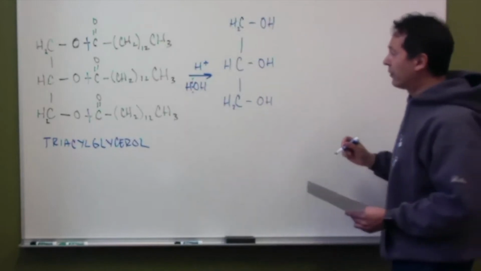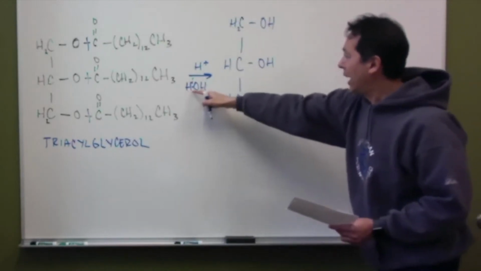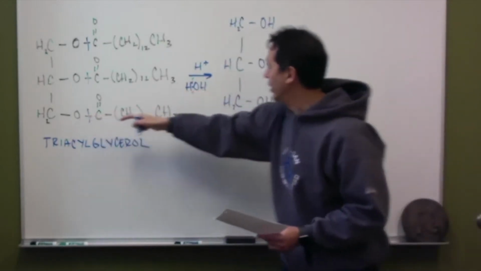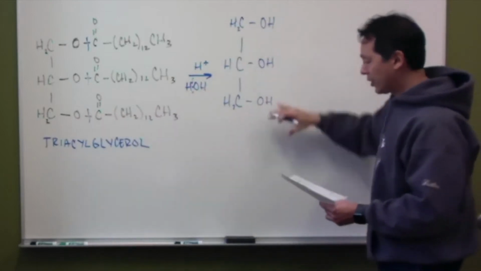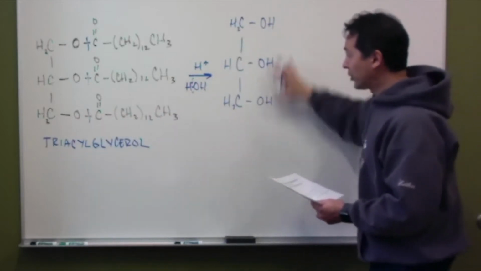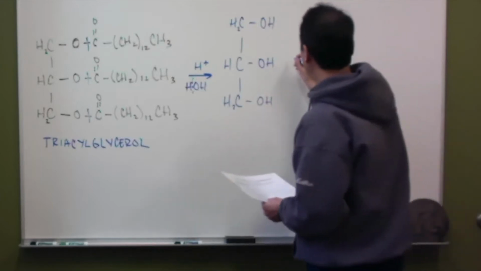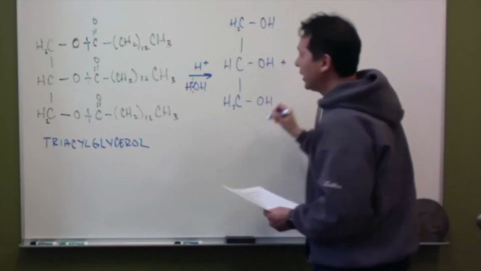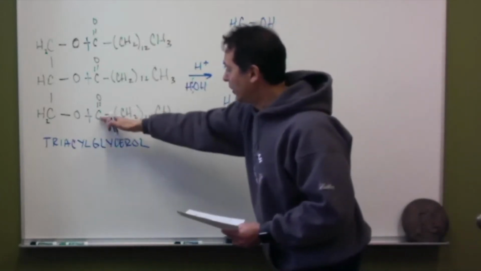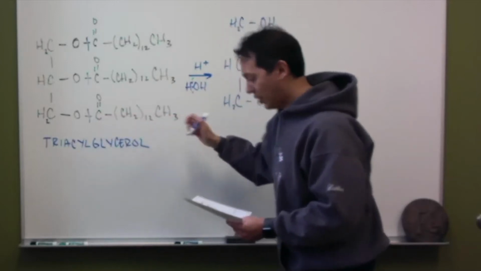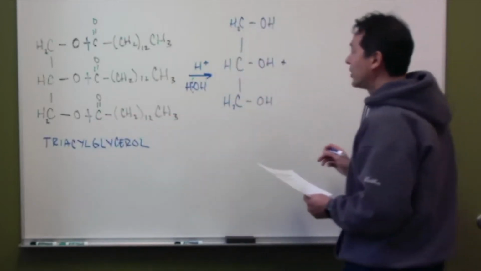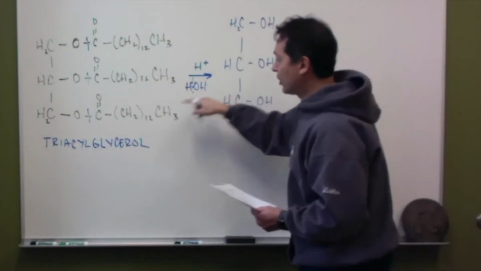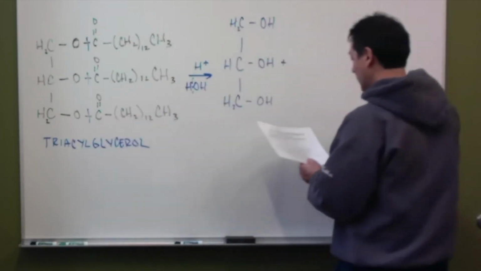So here what we have is these hydrogens have been added onto the oxygens here to create this structure, and this structure here is our glycerol. And then we're going to end up with 3 of these long carbon chains with hydroxides attached to them. So we're going to take these OHs and attach them on here. So it's going to look like this.